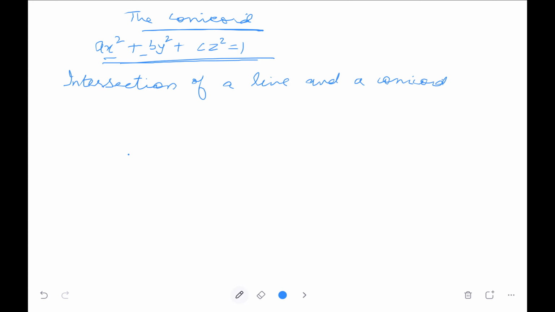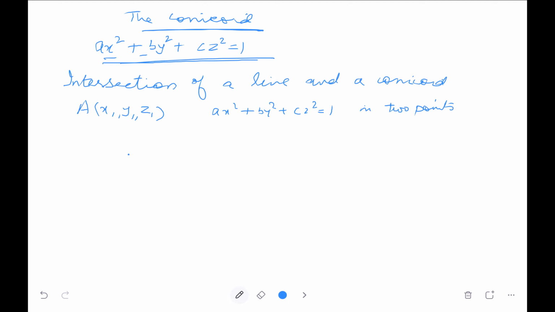A line through a given point A, (x1, y1, z1), meets the central conicoid ax square plus by square plus cz square is equal to 1 in 2 points. We have to prove that a line can intersect a conicoid in 2 points, and also find the points of intersection.